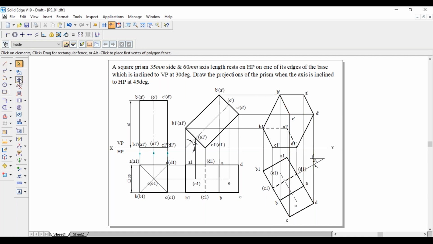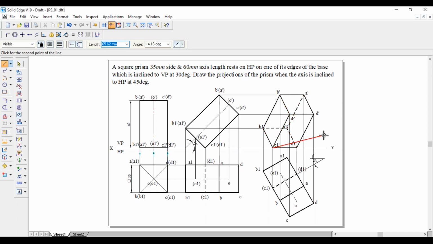So A dash A1 dash should be dotted, whereas C1 is this one, that is nearer to the observer, that is continuous, visible. C is here, C1, that is visible. This is how we have to draw.